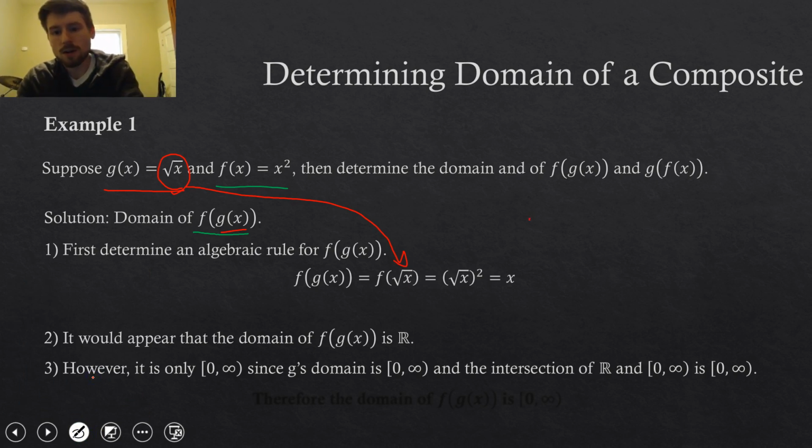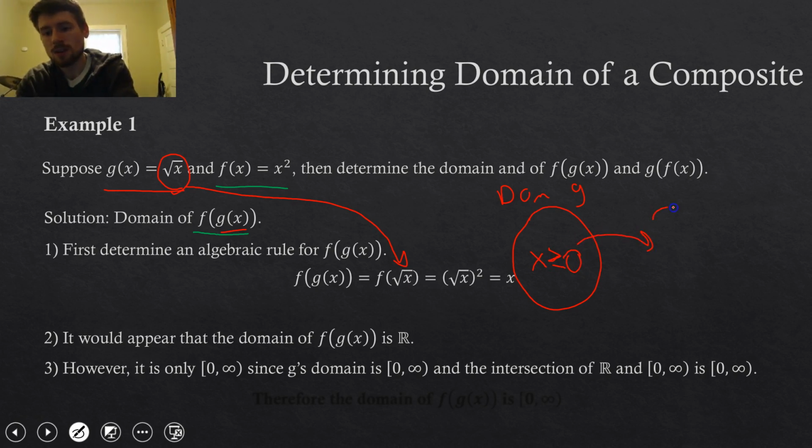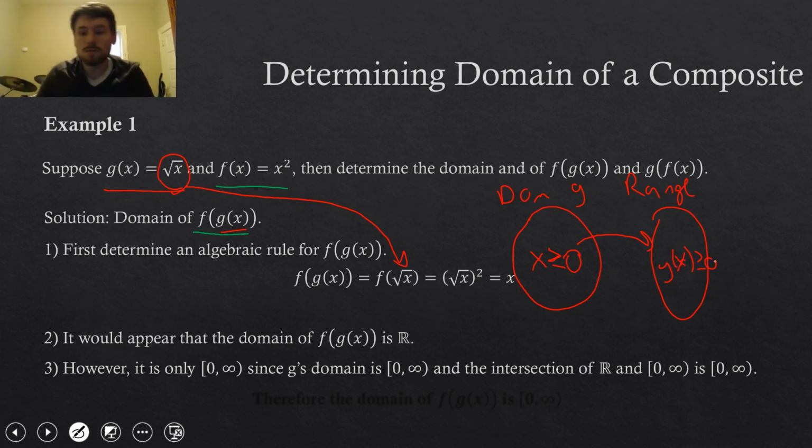And so if we think about what you're allowed to plug in, this is the domain of g. Well, you're only allowed to plug in numbers that are greater than or equal to 0, right? So that's our domain of g. And so then we get answers which are in the range of g. And these are, again, going to be numbers that are greater than or equal to 0 because they're answers to the square root function.